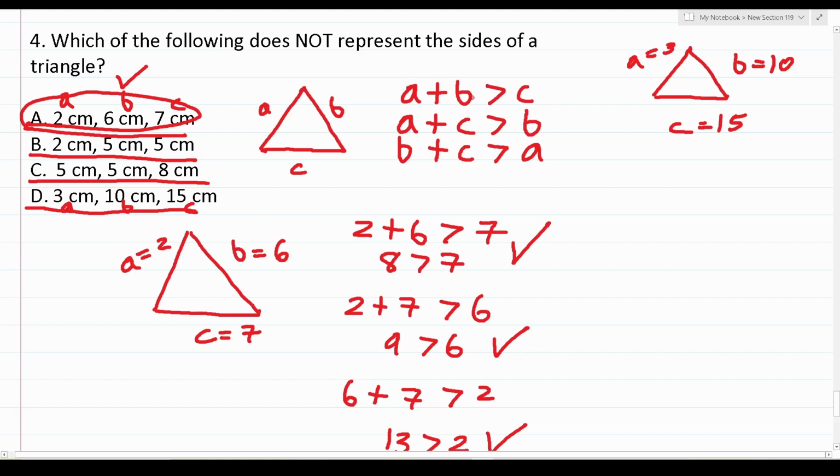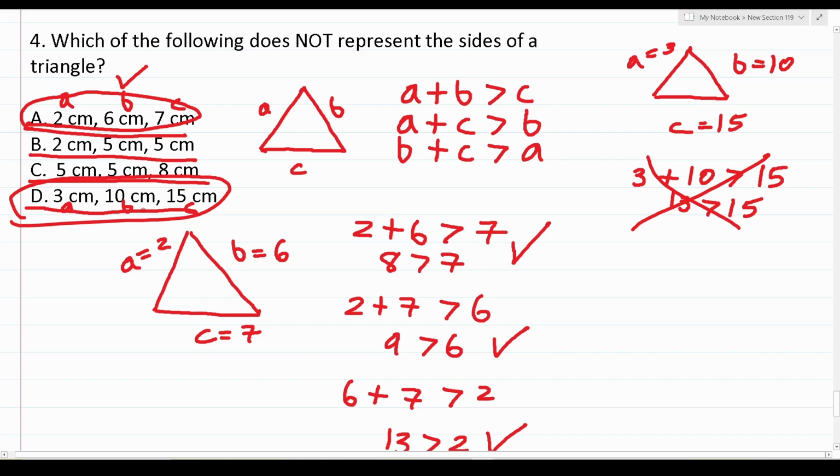Again, the first one is A plus B has to be greater than C. So 3 plus 10 has to be greater than 15. 3 plus 10 is 13. Is 13 greater than 15? It isn't. So this fails one of the conditions in the Triangle Inequality Theorem, and therefore I know D is not a triangle.